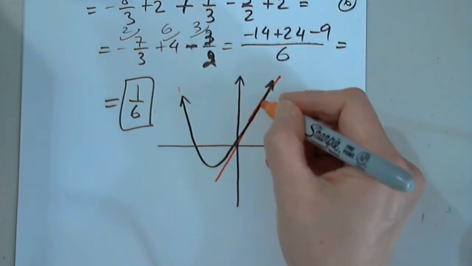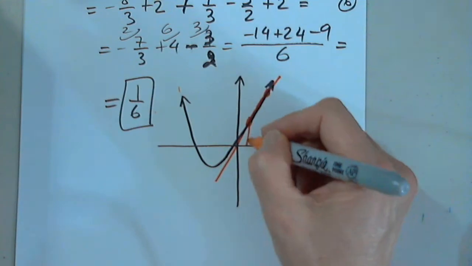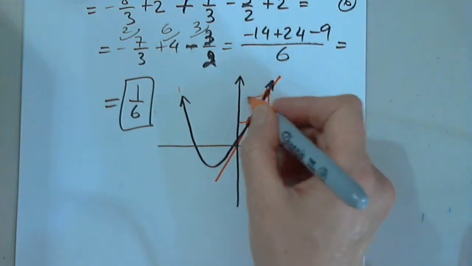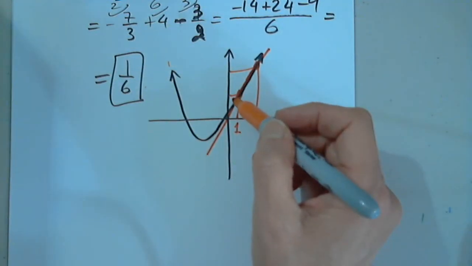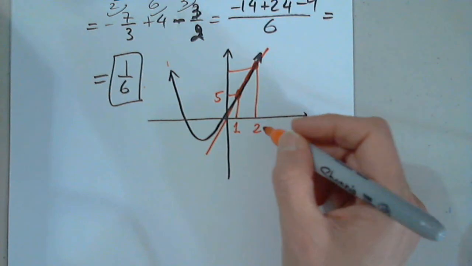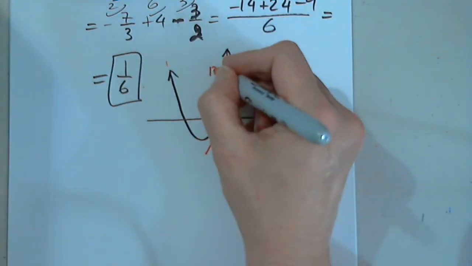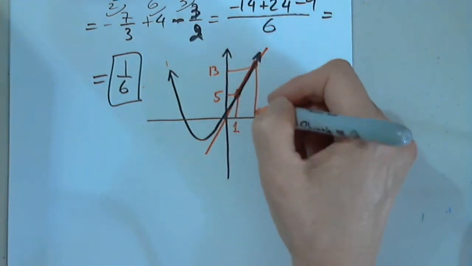And the area is right here between x equals 1 and x equals 2. We did not determine the y values. We can. So when x is 1, 6x minus 1 will be 5. And when x is 2, 12 minus 1, 13. So this point is 1 comma 5, and this point is 2 comma 13.